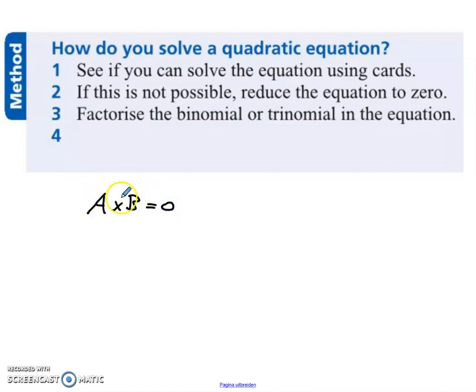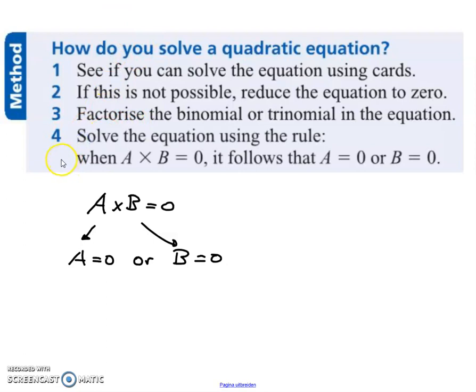But then you have to factorize, you need to have factors, because this is only working when you multiply two things. So then you can say, well, a is 0 or b is 0. So when we cannot use cards, we're going to reduce to 0 if that is still necessary. Then we factorize the binomial or trinomial. And the last step is solving the equation by using this rule. So I'm going to give you examples of all these possibilities.